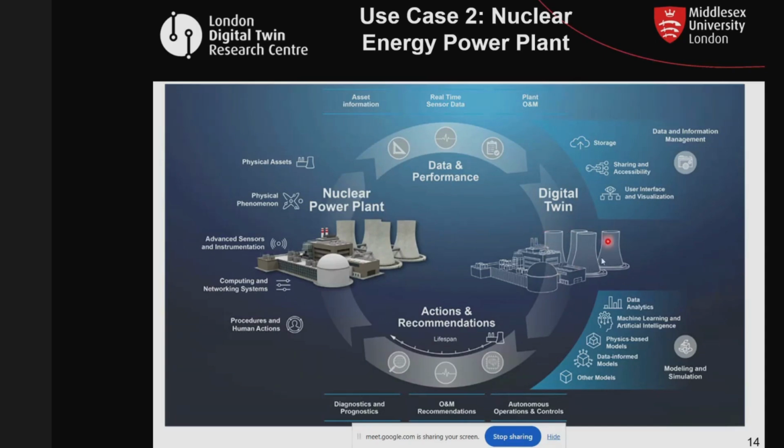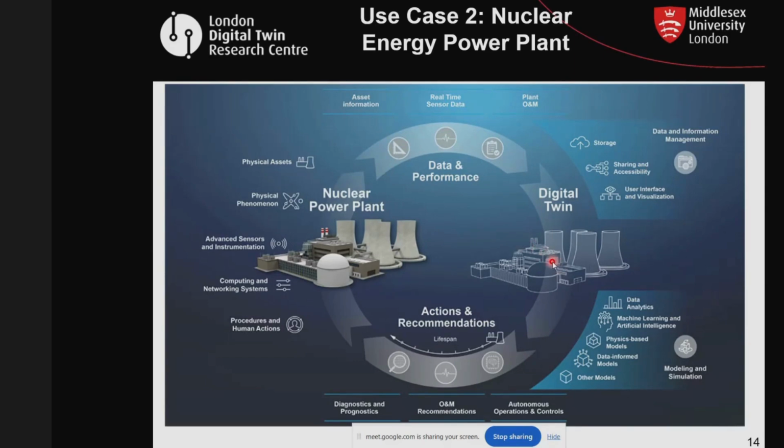But what am I using it for? So I'm using that for modeling and simulation, but at the same time I'm making sure that the safety of this physical asset is visible within the digital twin. I do not want it to break down. I do not want it to have any sort of issues. And I'm able to press a button within the digital twin.